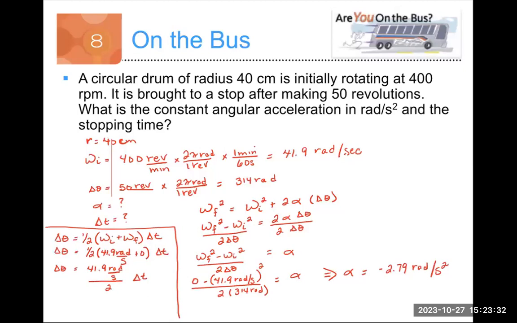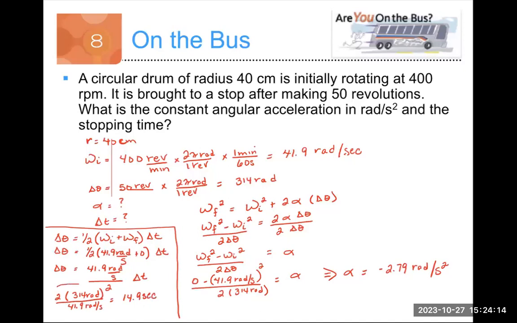So we want to bring over and leave delta t by itself. We're going to have 2 times 314 radians divided by our 41.9 radians per second. And that's going to give us delta t equal to 14.9 seconds.